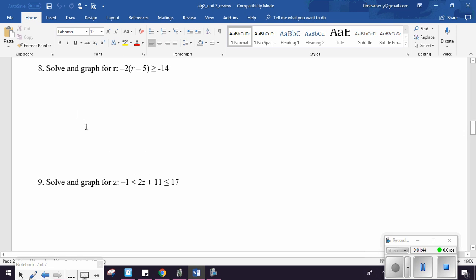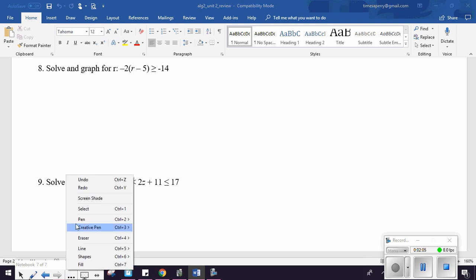Number 8 wants us to solve and graph for r. Similar to an equation, you want to get the variable by itself.